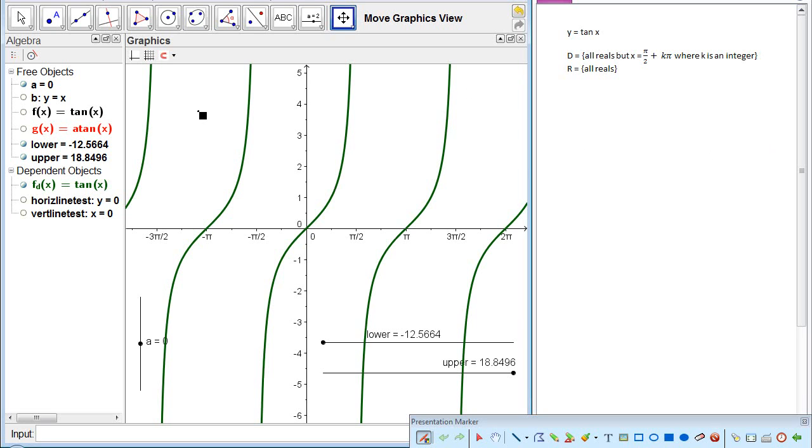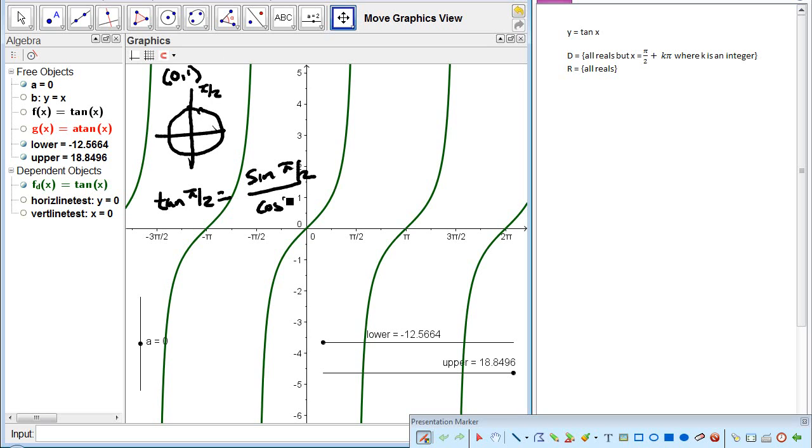One, if I was to draw a unit circle and I was at the location of pi over 2, I would have coordinates of 0, 1. And since tangent at pi over 2 is the same as sine of pi over 2 divided by cosine of pi over 2, I would have 1 divided by 0, and that's undefined, which is why we have ourselves a lousy drawn vertical asymptote.